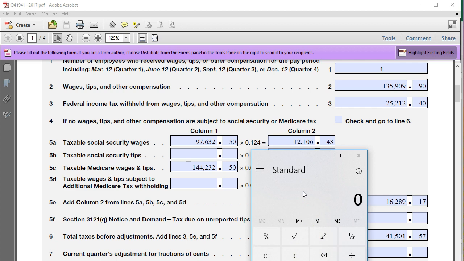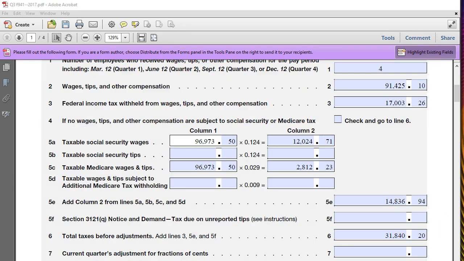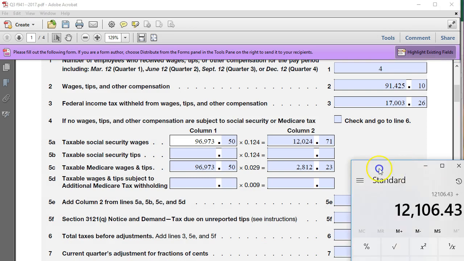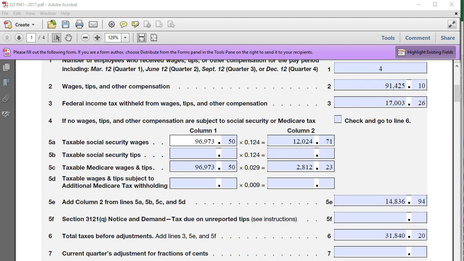Oh, I deleted it. Let's add this up. 12,106.43 for the 4th quarter plus the 3rd quarter, which is 12,024.71, 24,131.14 Social Security that was withheld.